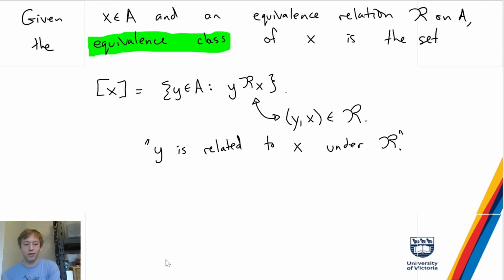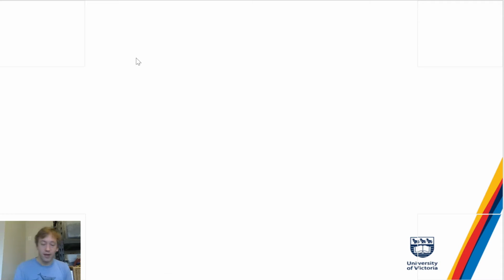As an example, let's look at things related to chapter 5, so modular arithmetic. We could define an equivalence relation.